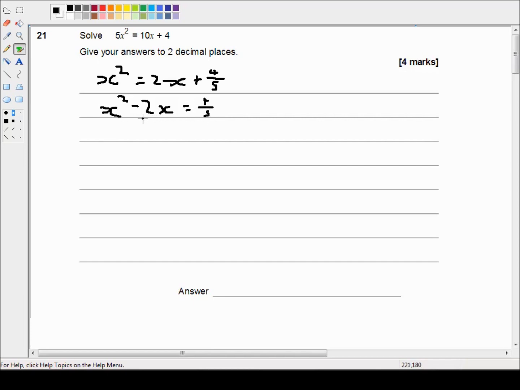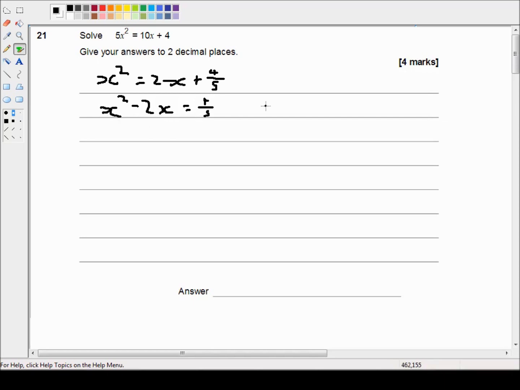And here you might be tempted to try and factorise the x out, but because it doesn't equal 0, it's not going to be terribly helpful to factorise out the x. But this looks incredibly close to a perfect square.